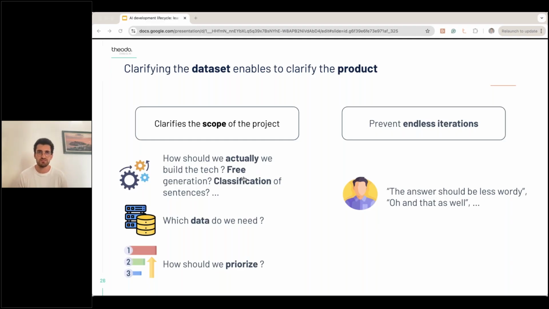But then they will come back with some feedback, so we correct it, and they come back with feedback again. What we realized is that doing so leads to endless iterations because it's always, oh, it should be a bit less wordy, oh, and that as well. So just writing up from the beginning 3 perfect examples helps to set up straight away what the expectations are and to not go back and forth all the time.